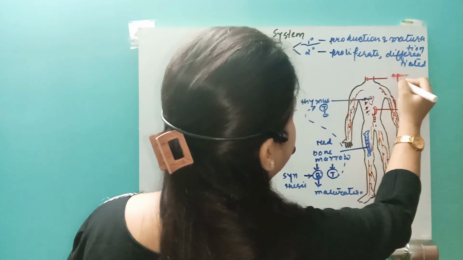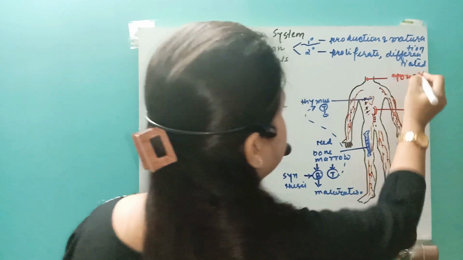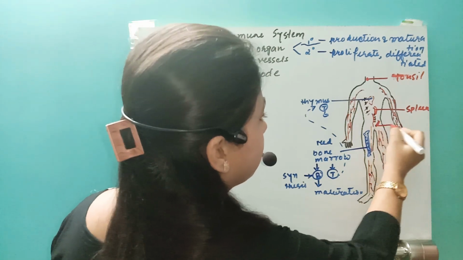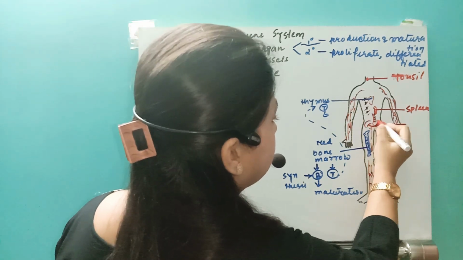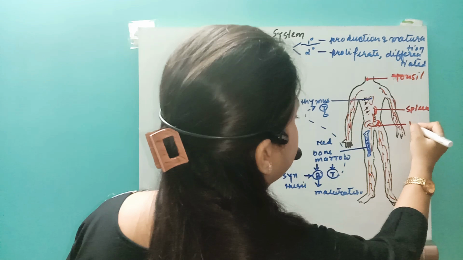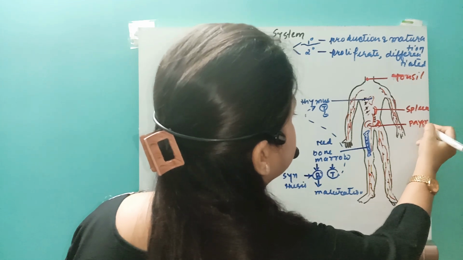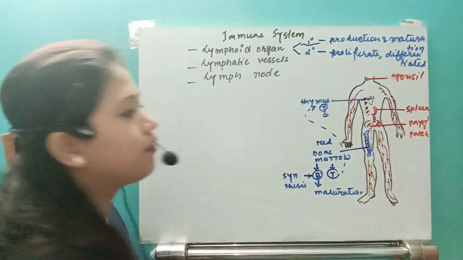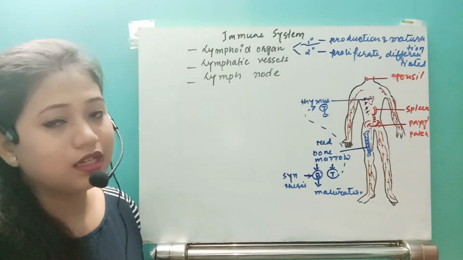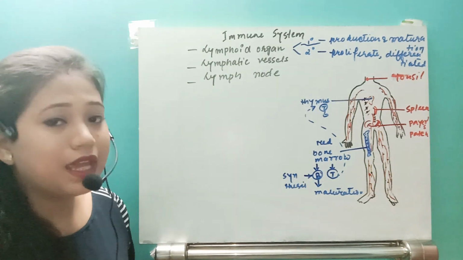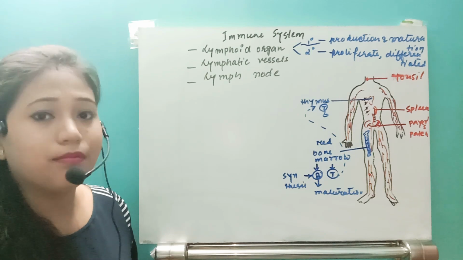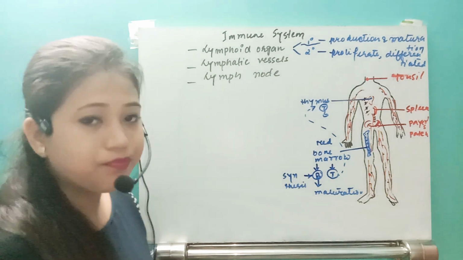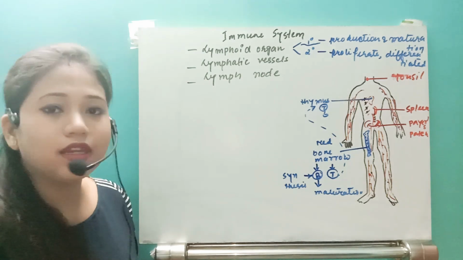Next, in the small intestine region, we are going to have the Peyer's patches. These organs are nothing but the B and T lymphocyte differentiation and proliferation sites.